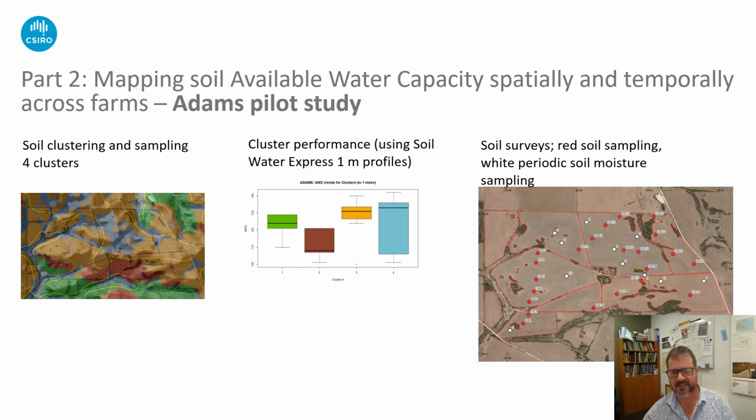The sampling design that we generated is represented by the red dots, the 22 sites that were actually achieved, and the white dots are Jake's periodic fixed position time series sampling.